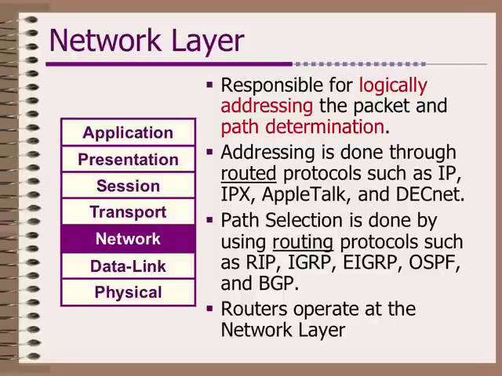So AppleTalk, IPX, and DECnet kind of got deprecated and aren't used anymore. But IP has become the standard routed protocol. It's routed because routers route. It's a routed protocol. Path selection is done by routers using routing protocols.